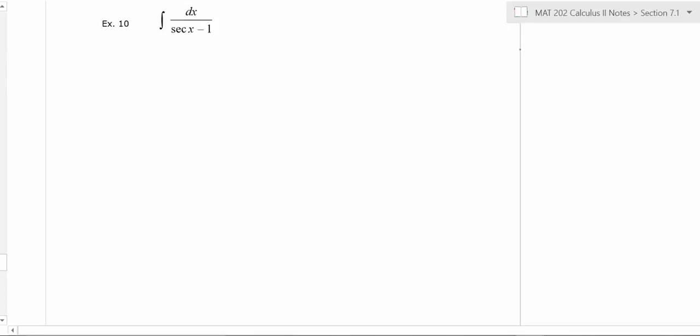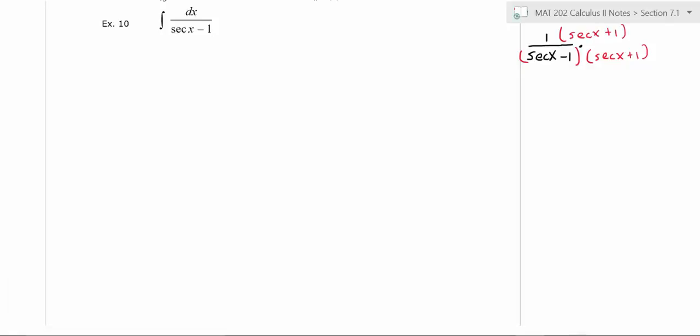So we're going to work with 1 over secant x minus 1, and I'm going to multiply this by secant x plus 1 over secant x plus 1. That is going to give secant x plus 1 in the numerator. The denominator is going to multiply out to give secant squared x minus 1. If you do the FOIL and everything, that's what you're going to get.